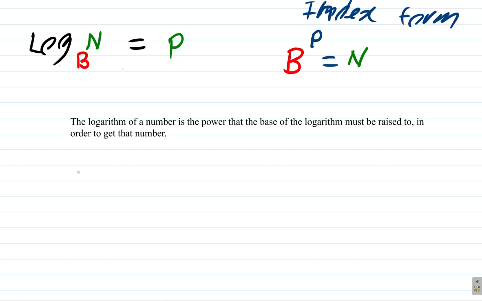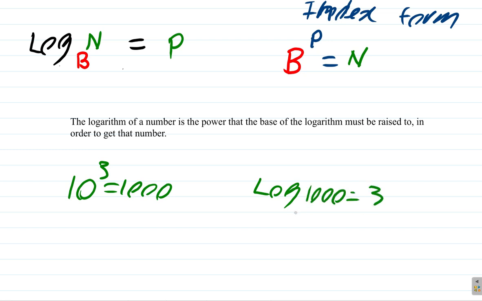So what do you do? You say the index form, the log form. Index form is 10 to the 3 equals 1000. But you have your calculator in front of you and you find the log of 1000, and you get 3 and the base is 10. And you say, nice. Just rewrite this in this way.